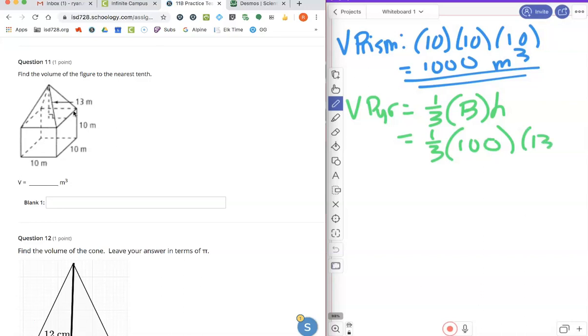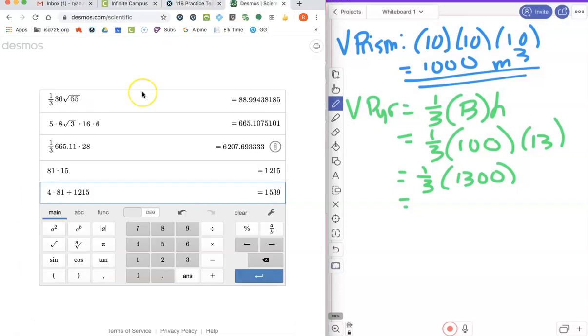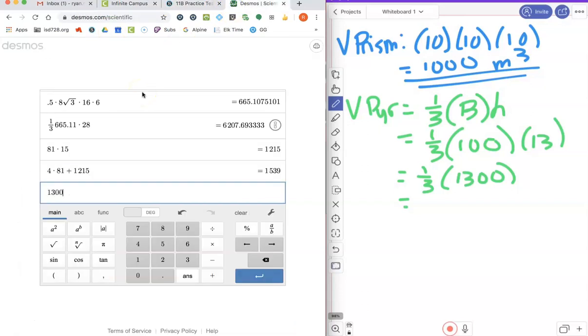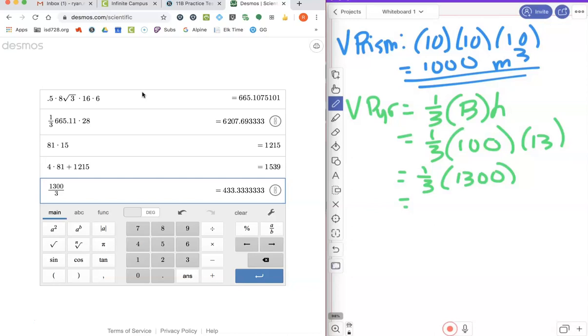It is the inside height, so we're good there. Looks like we're headed toward a decimal here. We have 1/3 of 1,300. So let's figure out what that is. 1/3, so 1,300 divided by 3. So this one has a volume of 433.33 cubic meters.